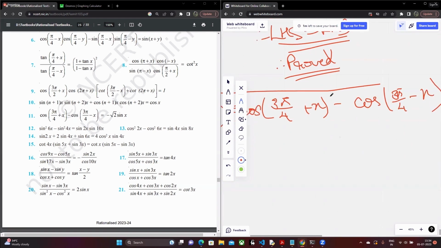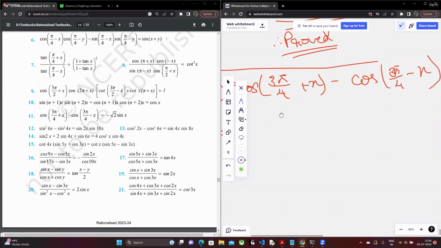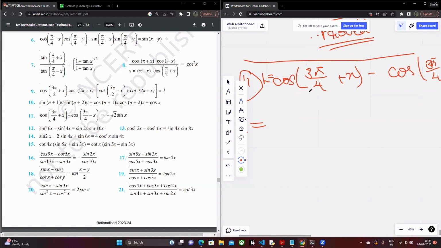All right. To do this, what I'm going to do is basically expand each of the cos terms. Since it's 3 pi by 4 plus x, then 3 pi by 4 minus x, you have a decent chance that some of these 3 pi by 4 terms will cancel out. Or you can convert them to their numerical forms and then work just with cos x and sin x. That's also a way.